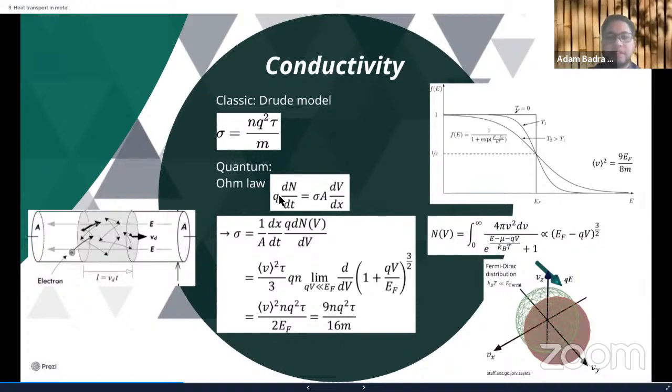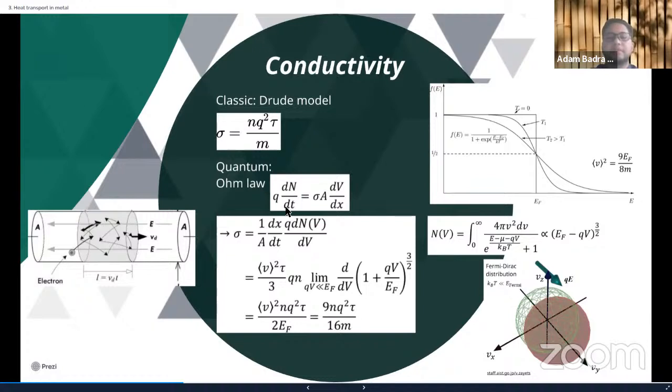In this case, Ohm's law is just q times dN per dt, where q is the charge of the electron and dN per dt is the number of electrons per unit time.